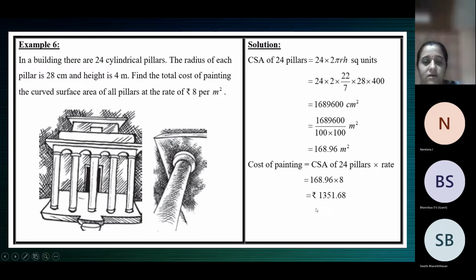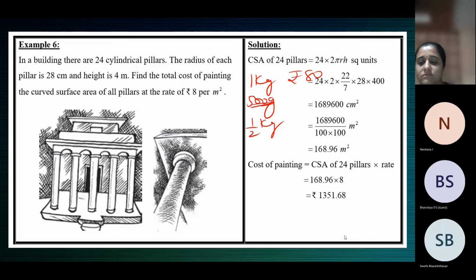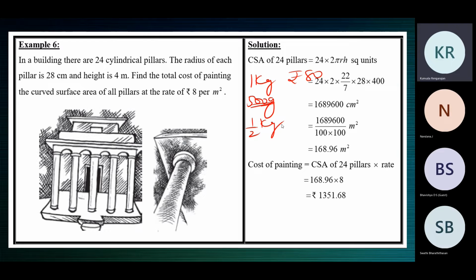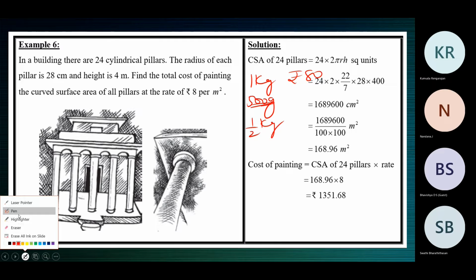Yeah, thank you, children. I was telling you that if 1 kg of grapes costs rupees 80 and you want to buy 500 grams, you cannot multiply 500 by 80. So 500 grams is half a kilogram. So half into 80, which is 1 by 2 into 80, 40 rupees, correct?